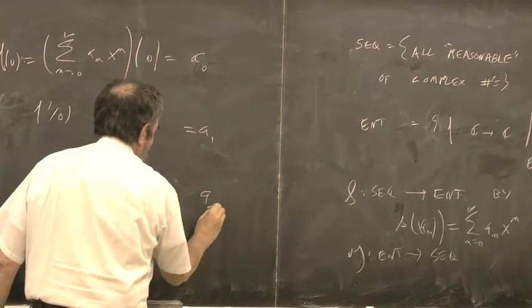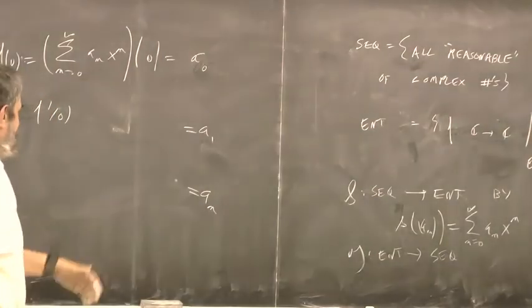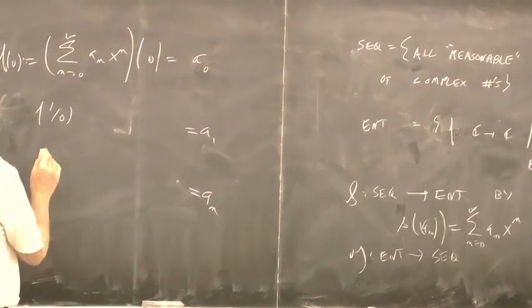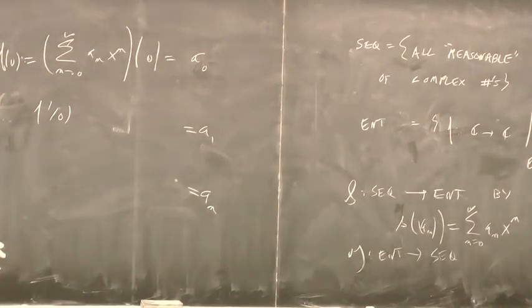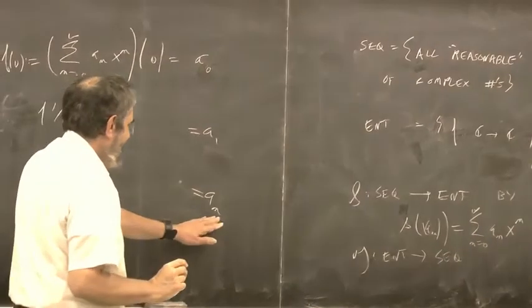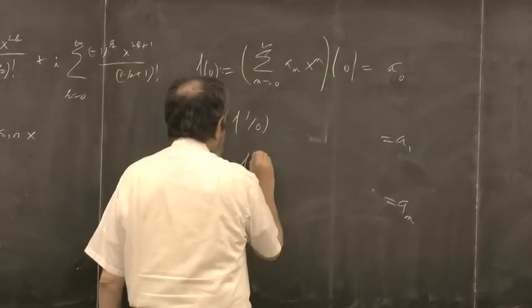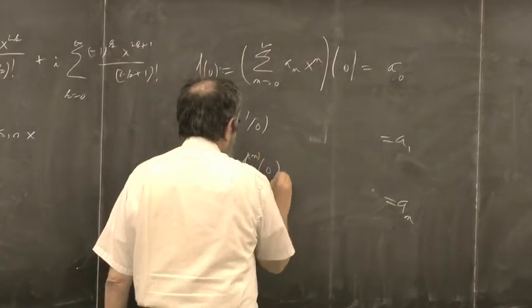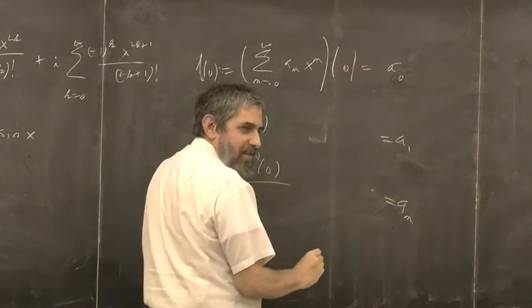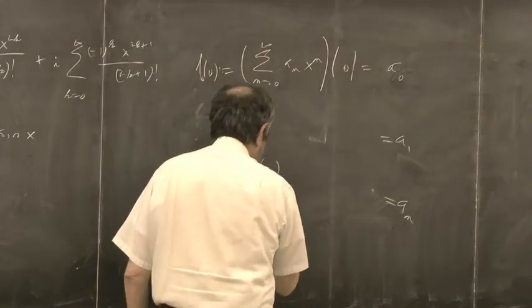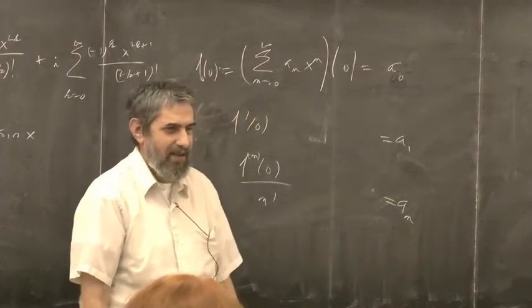And somebody want to tell me, in general, what a sub n is? If you remember it from... Okay, so it's the nth derivative of f at 0, all over n factorial.